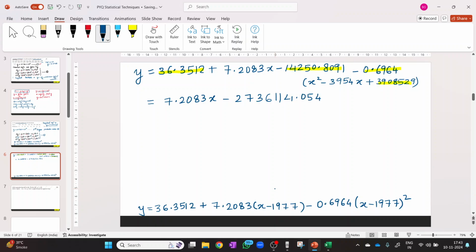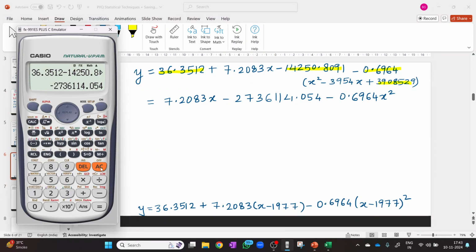Okay. Now the x squared term has a negative 0.6964 x squared. Also, the x term needs to be subtracted. So let's subtract that as well. And I'll rectify it here.